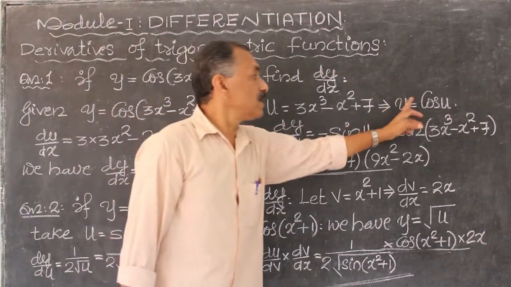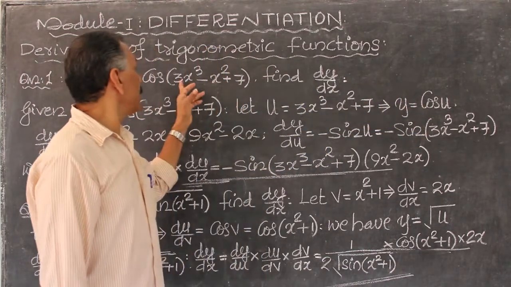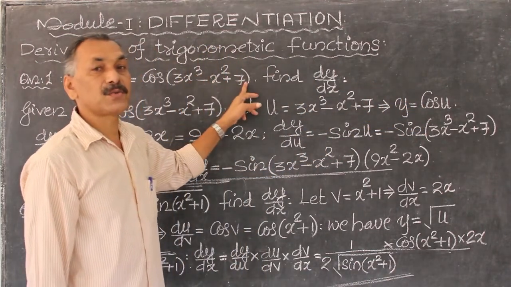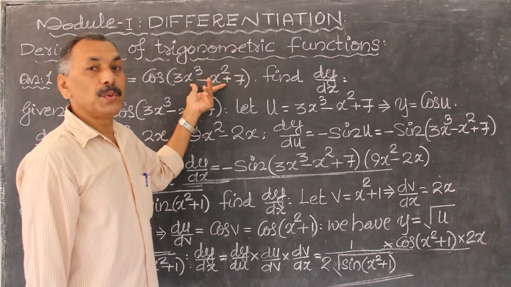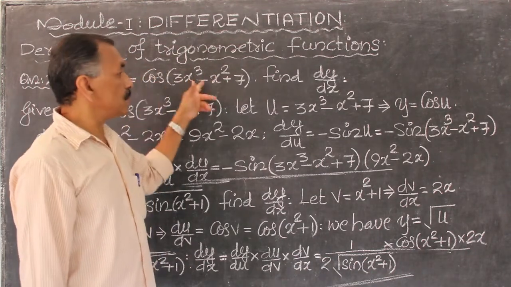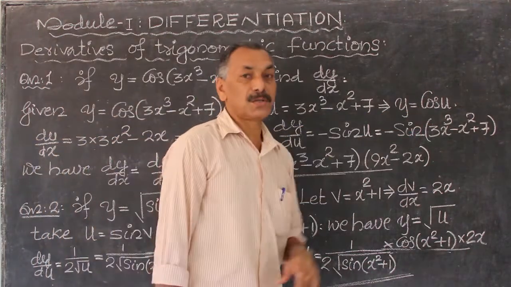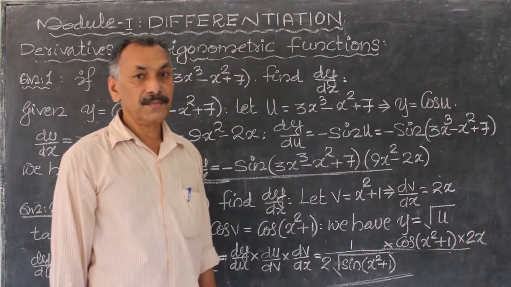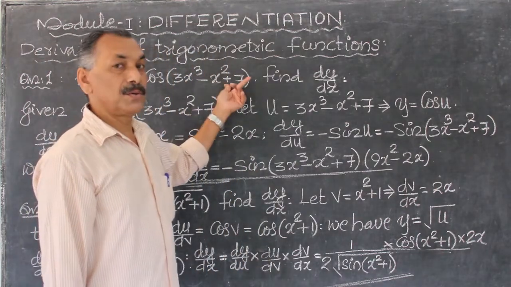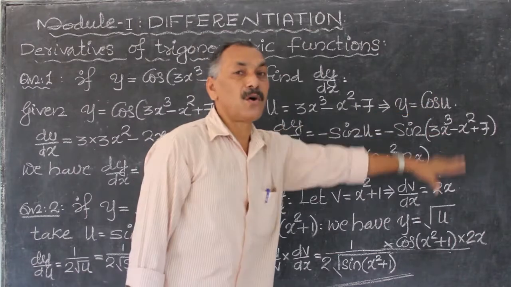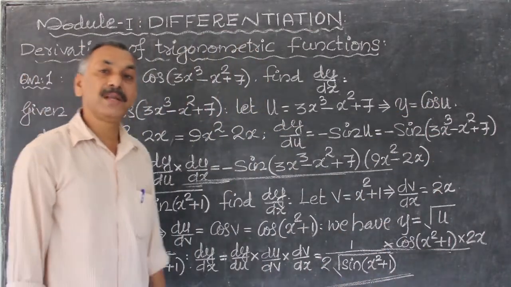What is given? Y is equal to cos of 3x cube minus x square plus 7. This is u. Then y is equal to cos u. That is, y is a function of u. Then what is dy by du?